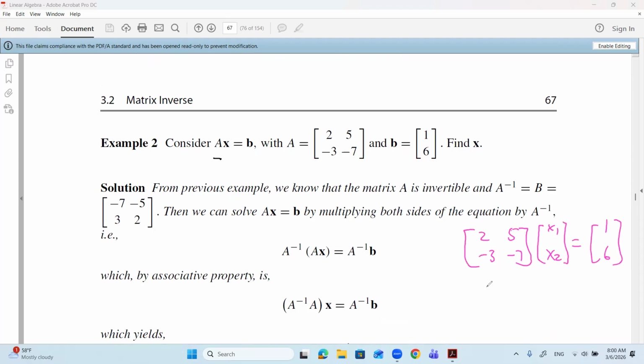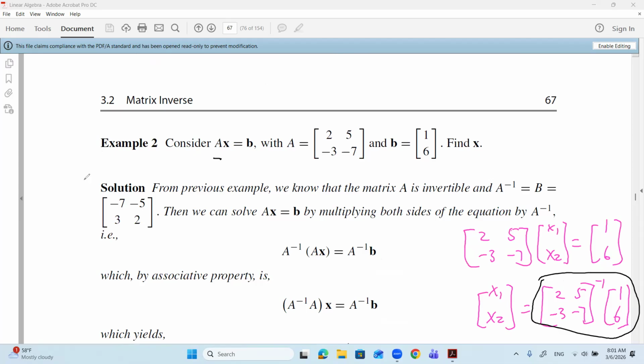So to solve this system, all we need is to use the inverse of A times B. The inverse of A, 2, 5, -3, -7, can be found, right? Then we multiply it by B. So that will give you the solution. So let's find the inverse of this 2 by 2 matrix.